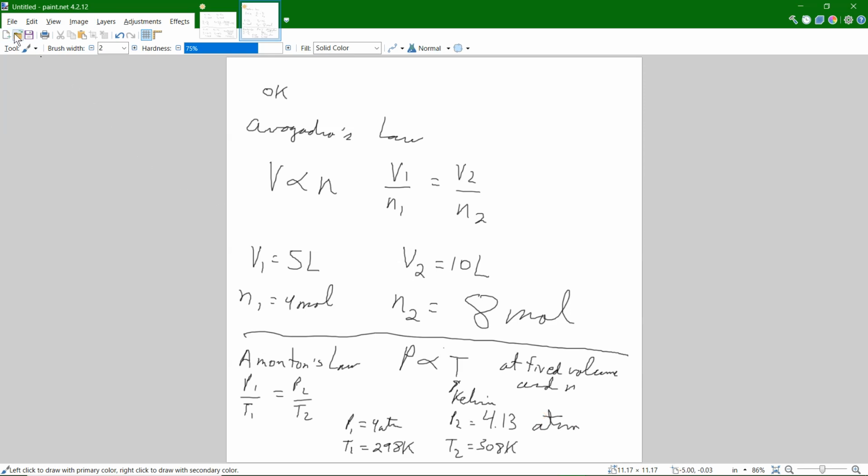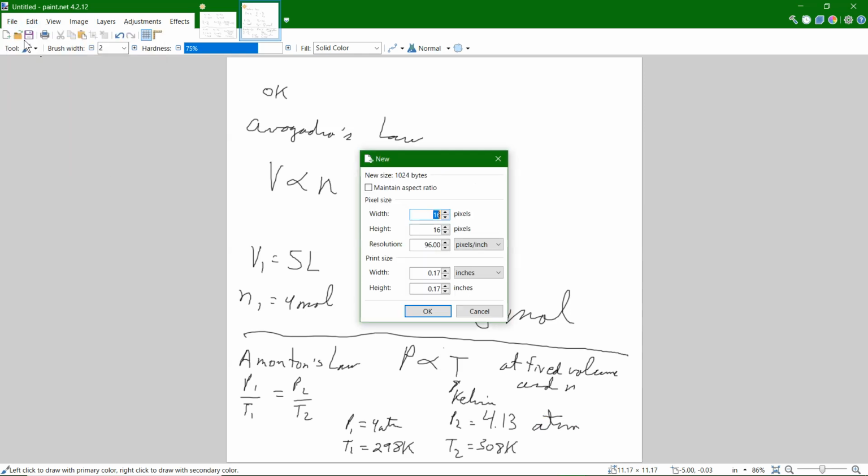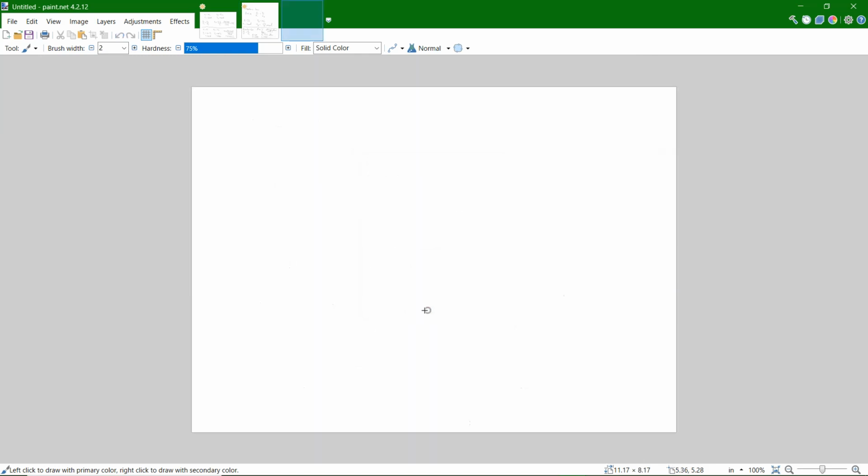Now, I can put all these equations together and make what's called the combined gas law.